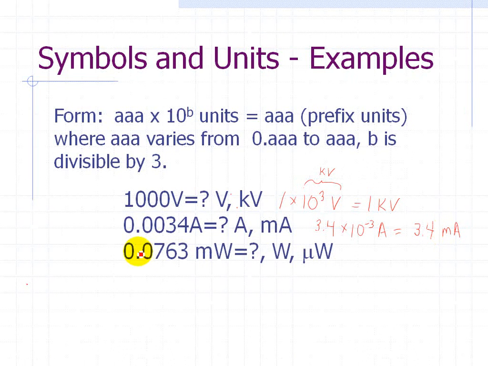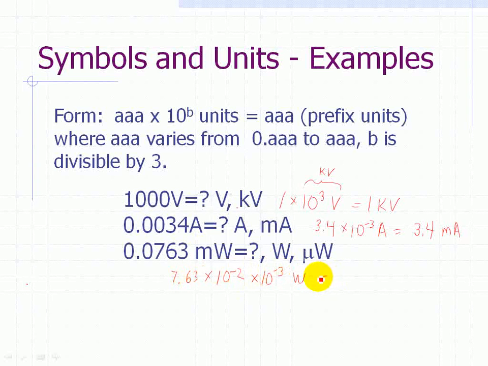And then our final example is 0.0763 milliwatts, and we want to express this in terms of watts and microwatts. So here, to put it in terms of watts, this would be 7.63 times 10 to the minus 2, and a milliwatt is times 10 to the minus 3 watts.